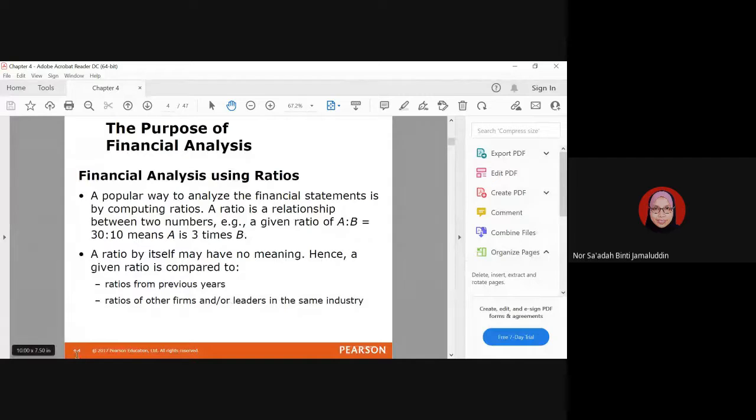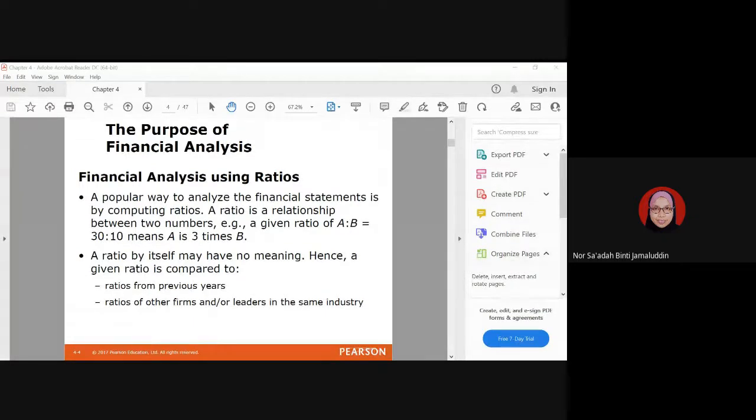Sebagai contoh, okay, untuk ratio ni, bila kita calculate in terms of ratio, kita akan melibatkan dua number. Dah nama pun ratio kan? Of course dia akan ada 30 nisbah 10. Apakah yang dimaksudkan dengan 30 nisbah 10?